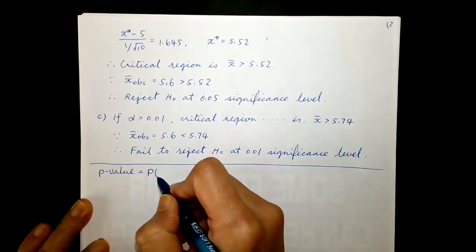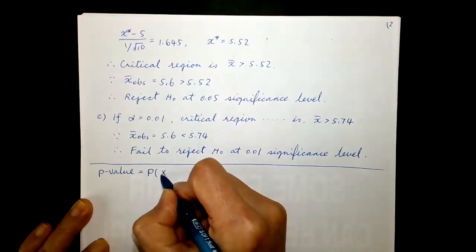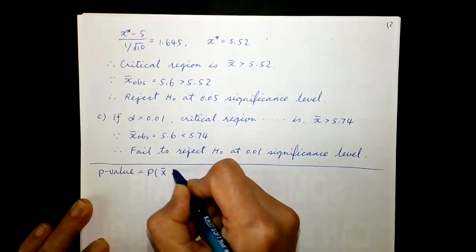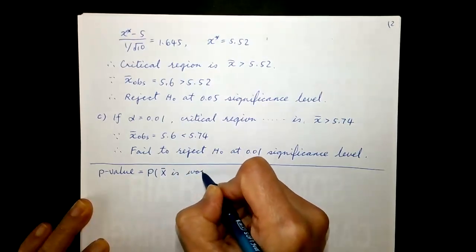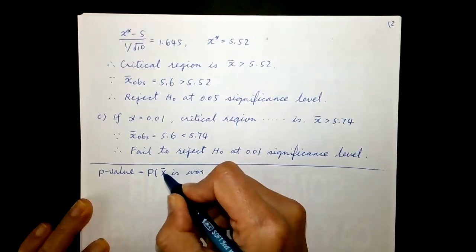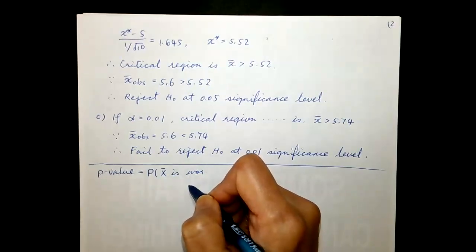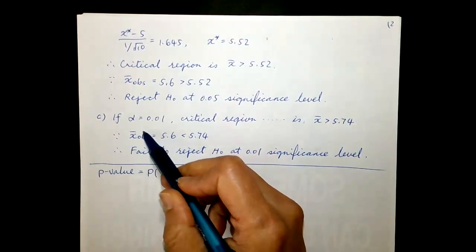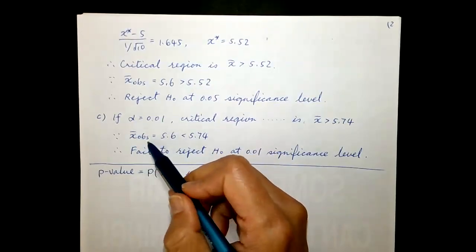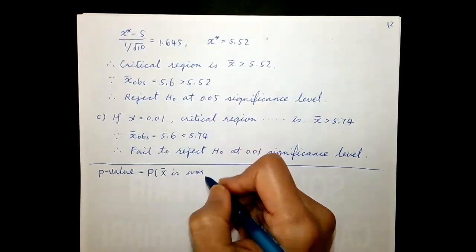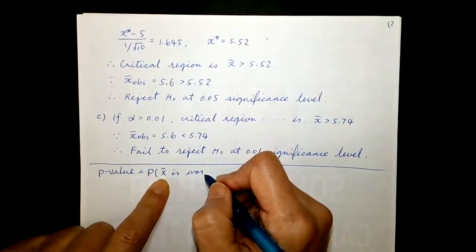Now, p-value is a probability that your sample mean is this sample mean. I show this capital X bar as a variable. It's not your current sample mean. Right? I use X bar observed as the current sample mean.